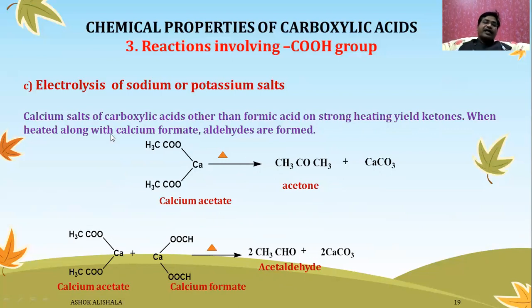That means the calcium salts alone will give the ketones, whereas a mixture of calcium carboxylate and calcium formate, that means when calcium formate is involved, always results in the formation of the aldehyde. Okay, this is nothing but dry distillation of the calcium salts.